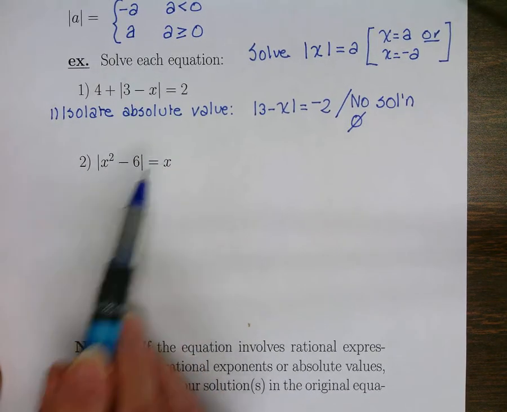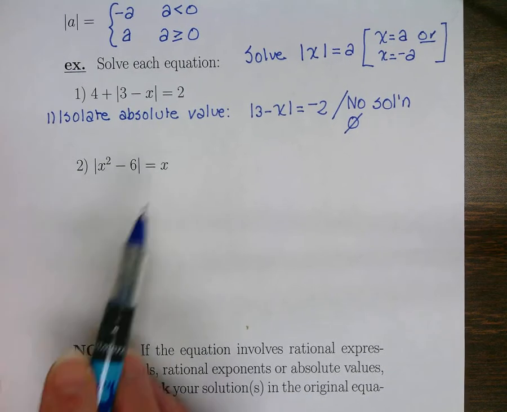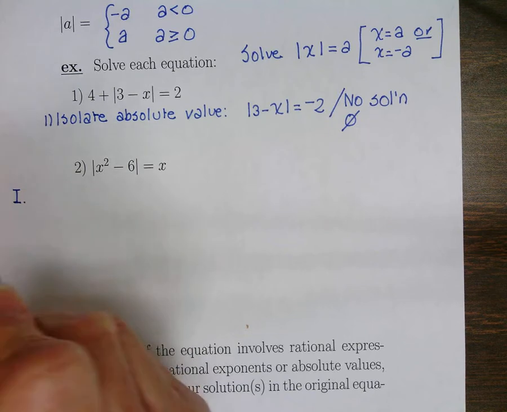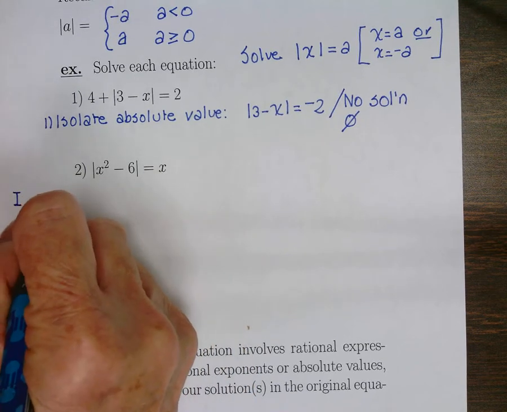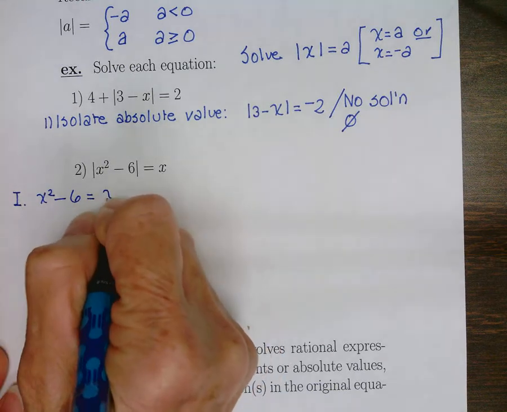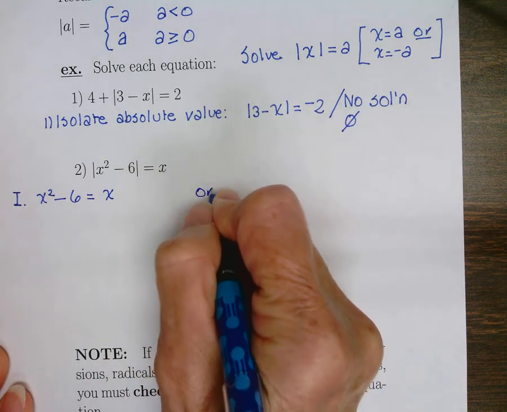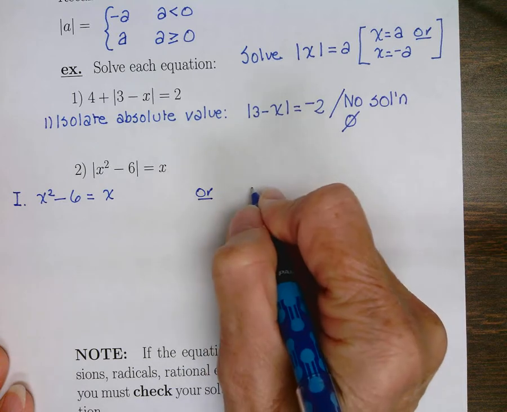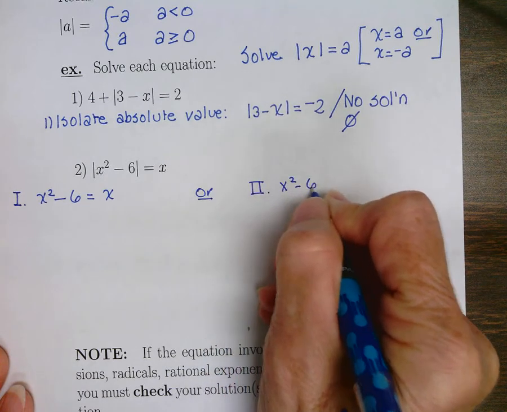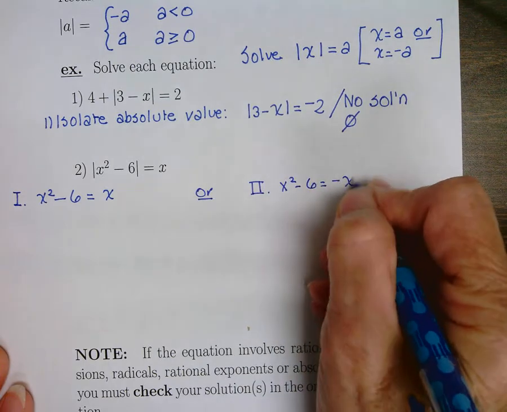So here is an example, and I want to solve that equation. So I have two equations that I have to look at. First of all, what's in the absolute value bar equals x itself, or what's in the absolute value bar is equal to the opposite of x.